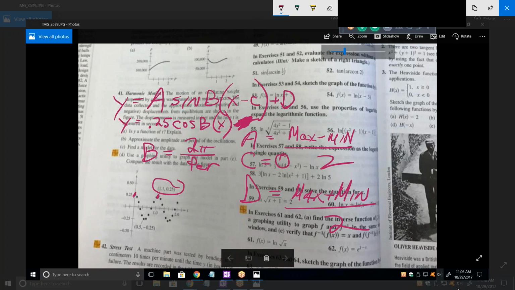I'm looking at the difference between the x values, right? Yes, exactly. Which looks to me to be 1.1.